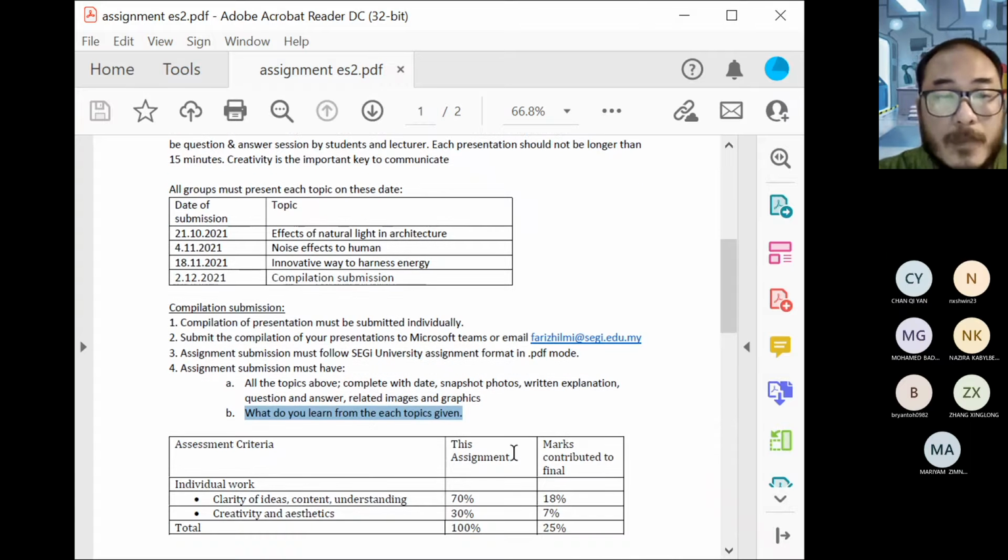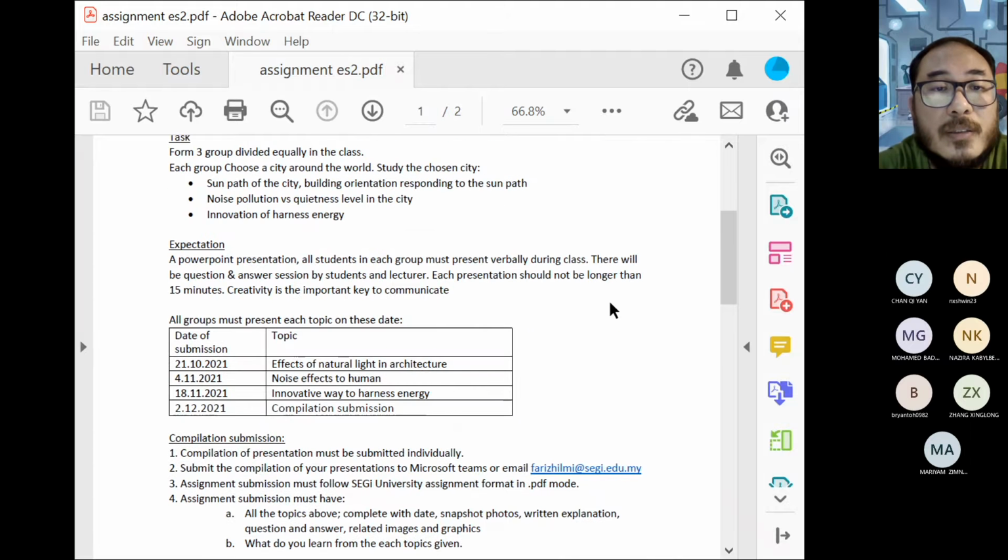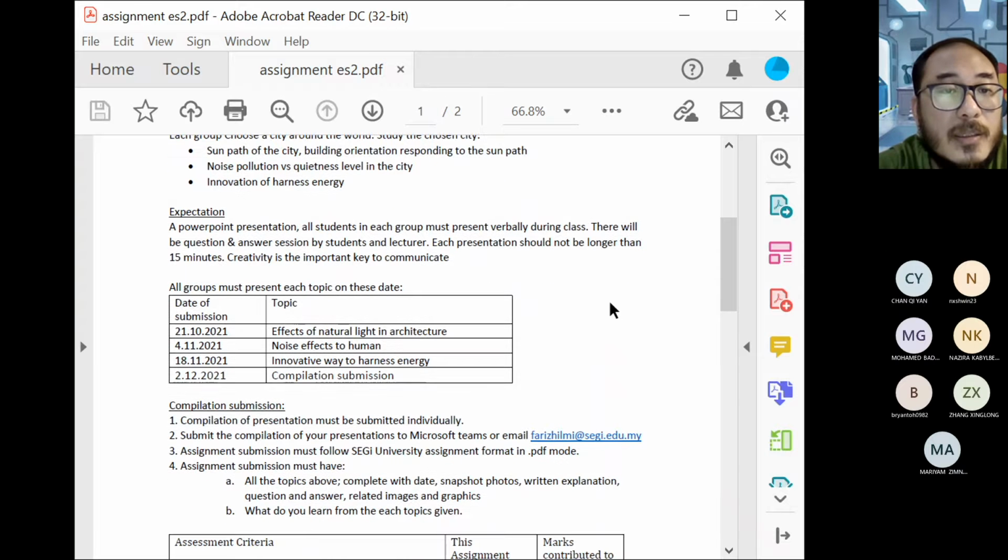Besides that, you can also add creativity and aesthetics. I also have a little extra marks there. Maybe you can do something more interesting. You can add video as part of your presentation to show more things. For the first time you do this, probably you haven't done verbal presentation in a long time.